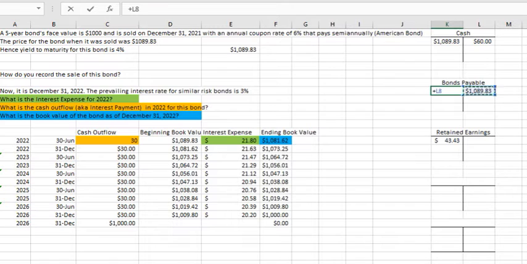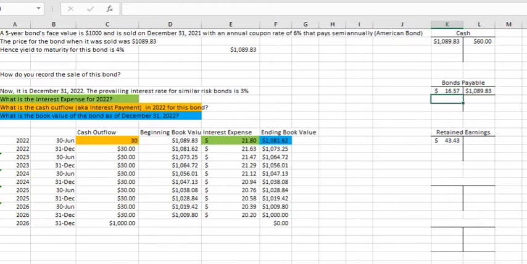The difference is going to reduce the book value of bond by $16.57. Why? Because we are paying more cash than the interest expense itself. Remember, this is the interest expense. As a result, our obligation is going to decrease.